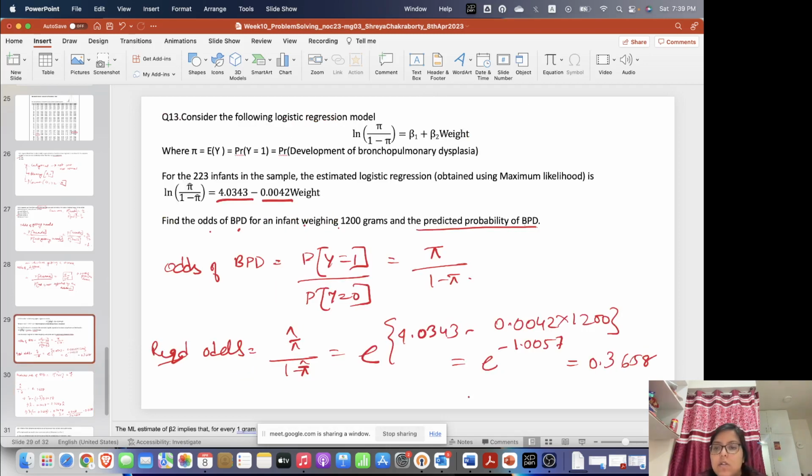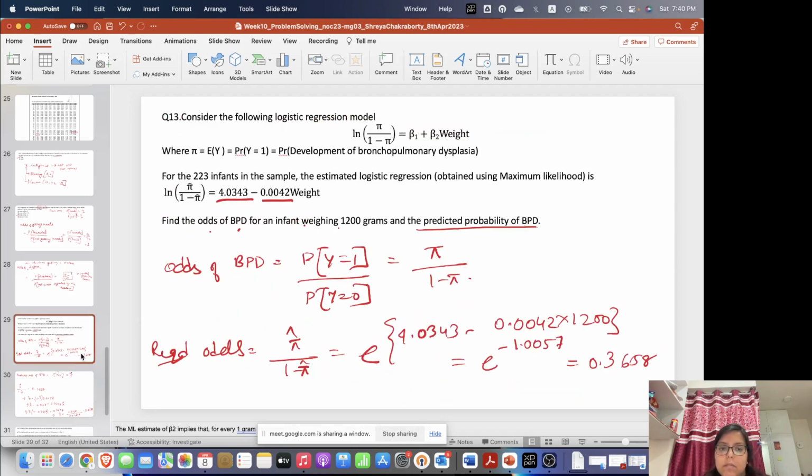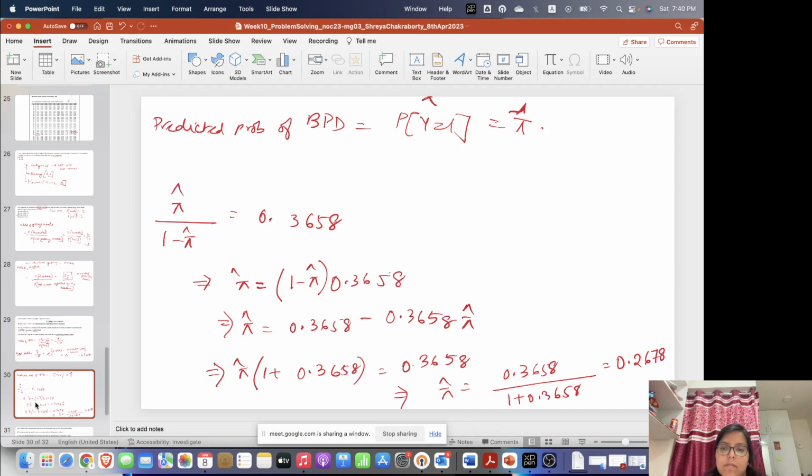The odds are also less than 0.5. So if odds are greater than 0.5, it means that the chances are higher of developing it, in a very crude sense. Is it clear? Can I move on to the next one?